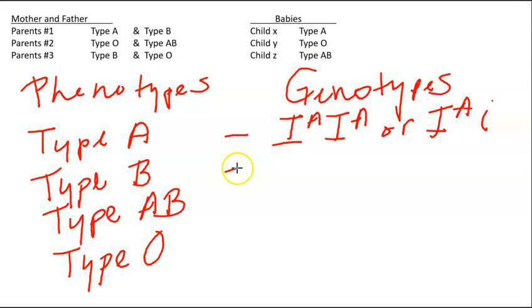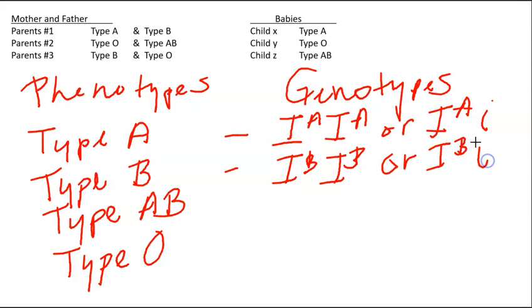Same with type B blood. You can have IB, which is homozygous dominant, or type B can also be a carrier of the recessive allele. So IB, then little i. Now type AB will show codominance of the two alleles, so it would be IA and IB.